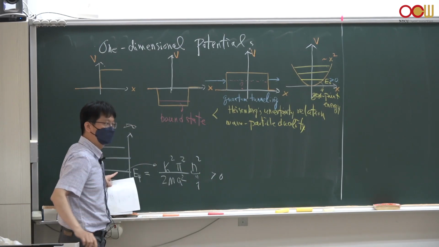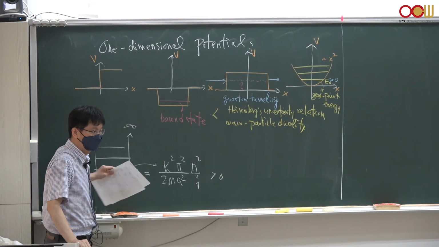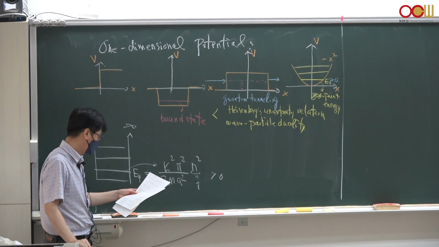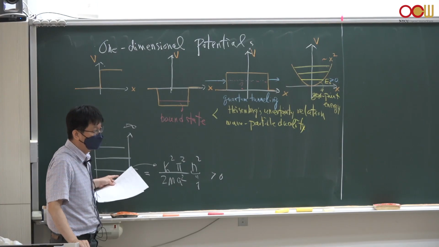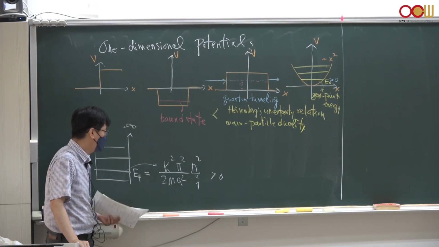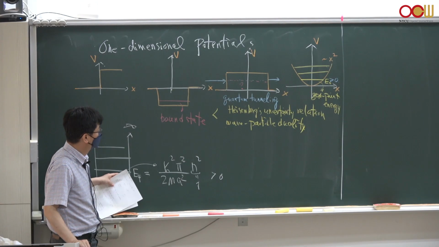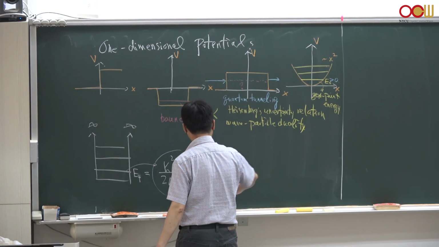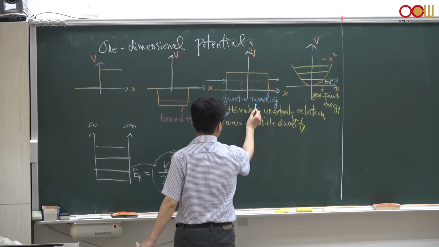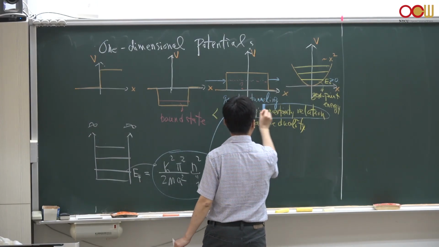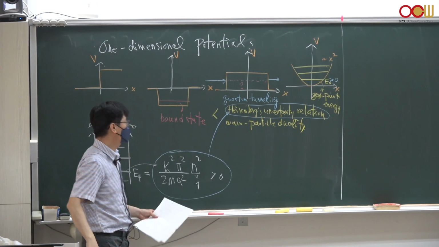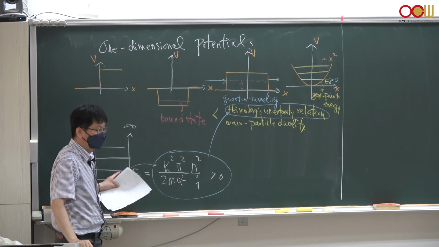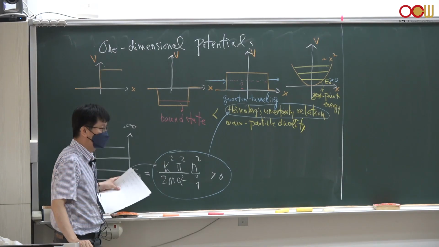Meaning the ground state energy is not a zero energy state. So how come? Again, the reason why we have such a positive energy ground state is tied to the principle of the Heisenberg uncertainty relations. Because of the Heisenberg uncertainty relations, the ground state energy is not a zero energy state, but shows a positive energy.